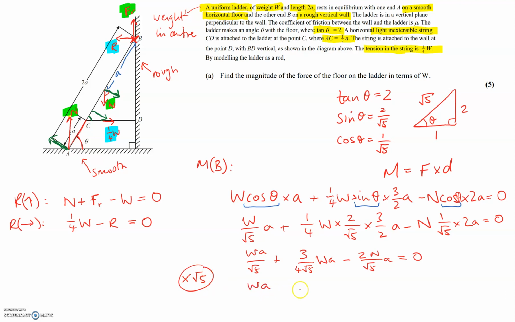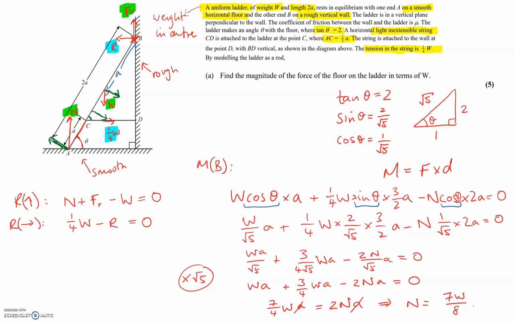So we get WA plus 3/4 WA minus 2NA. So 1 plus 3/4 is 7/4, so it's 7/4 WA equals 2NA. A's cancel, and finally we get N is 7W over 8.